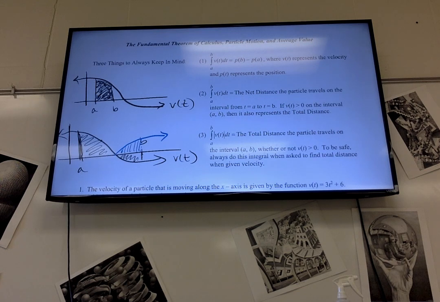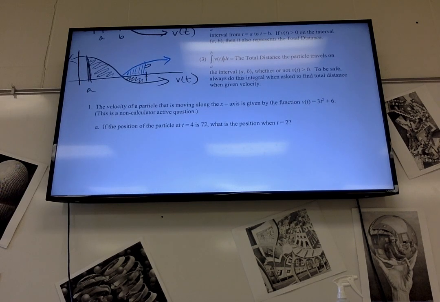So, for example, we have the velocity of a particle moving along the x-axis, and there's our equation, v of t equals 3t squared plus 6. And notice it says it's a non-calculator question. Active? That's how they define it on the AP exam: calculator active and non-calculator.